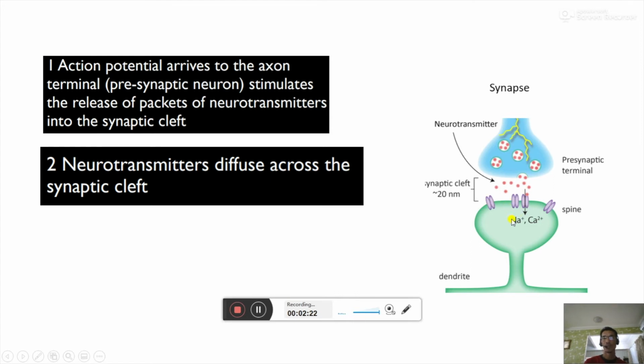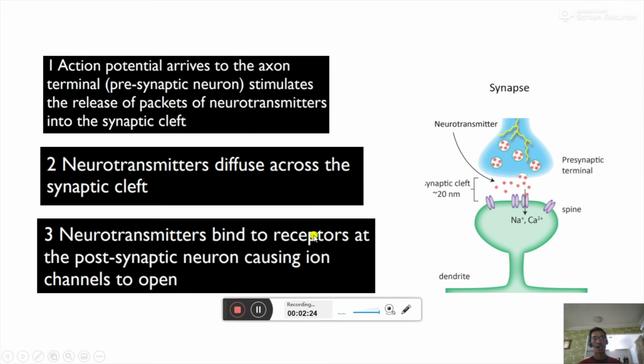In this case, the neurotransmitter binds the receptor at the postsynaptic neuron, causing a channel to open. Some channels are open here, and some chemicals go in and out. So in this case, you create another electrical signal here.